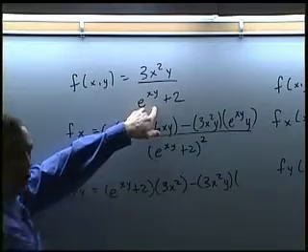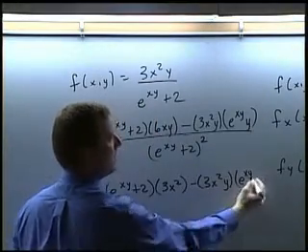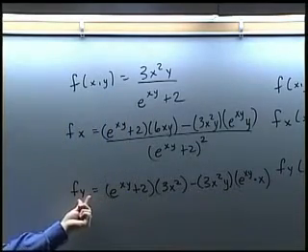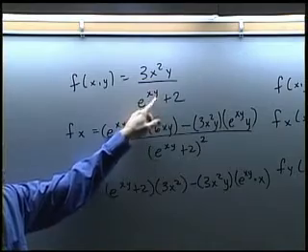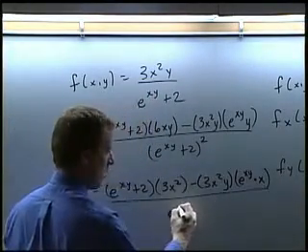Derivative of this would be what? E to the xy times x, good, because if y is going to be the variable, whatever's in front of that y will be my derivative. And then all again divided by the bottom squared.